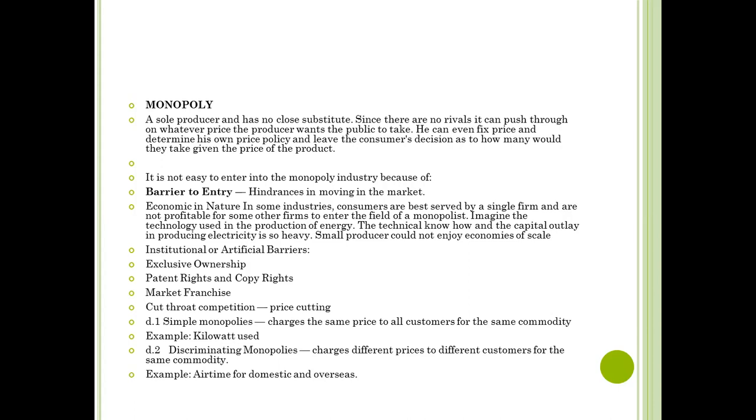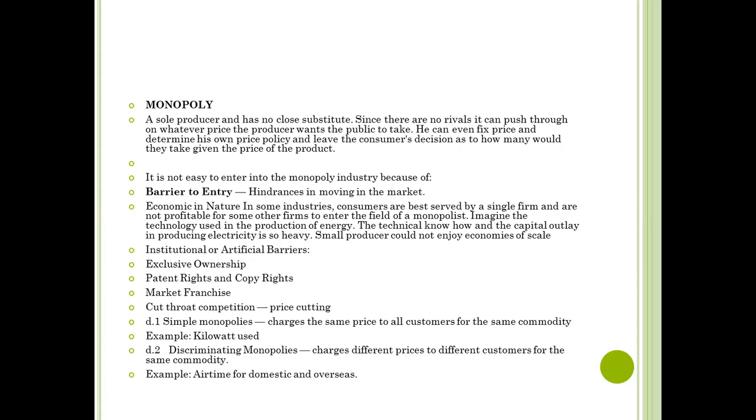Imagine the technology used in the production of energy: the technical know-how and the capital outlay in producing electricity is so heavy that small producers could not enjoy economies of scale. Another barrier to entry is institutional or artificial barriers. These are exclusive ownership, patent rights and copyrights, market franchise, and cutthroat competition. For cutthroat competition, we have two types: simple monopolies and discriminating monopolies. Cutthroat competition is price cutting.